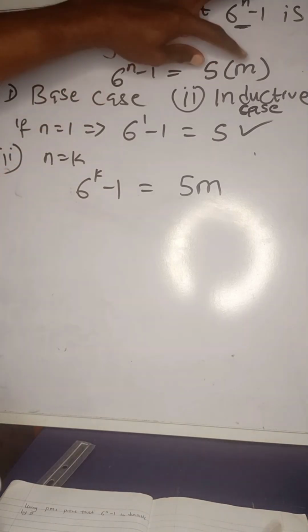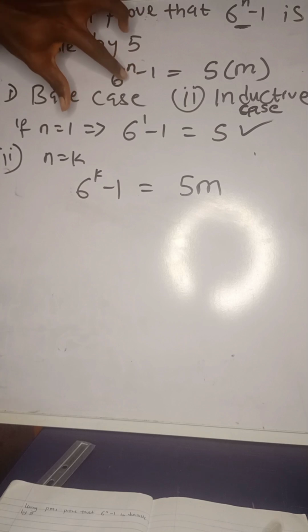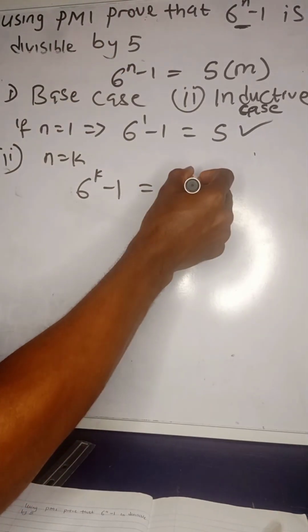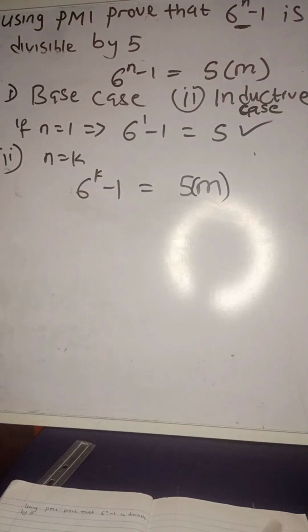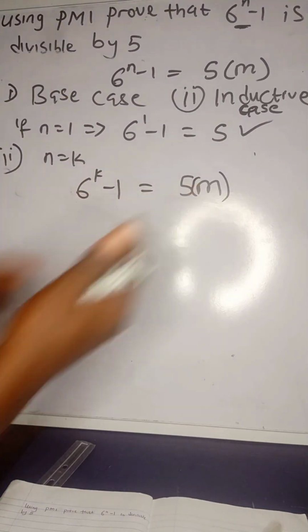So here is literally the same thing we are saying here, 6 to the n minus 1, but n is now represented by k, and it is equal to 5m. And this 5m is saying this is a multiple of 5, right? And this is what we are trying to prove. So it's assumed, because this is exactly like this, so it is equal to 5m.